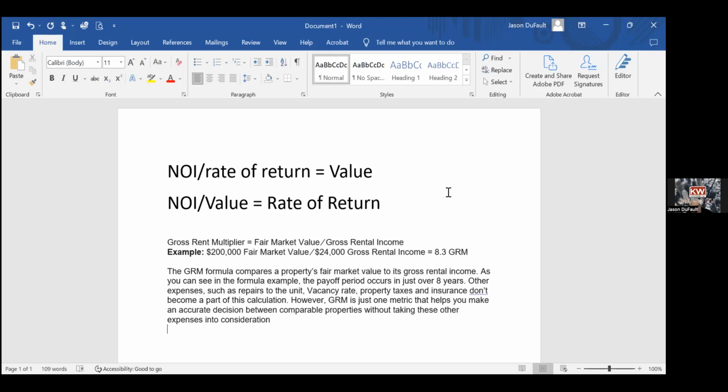So just always be aware that the inaccuracy of what you're seeing may lead you down a rabbit hole where you're like, wait a minute, this doesn't seem right. Sometimes they'll give you an annualized number of gross rental income that is too small for one reason or another. It's the nature of the game. We all know that, and we all know it's only as good as the person putting the information in.